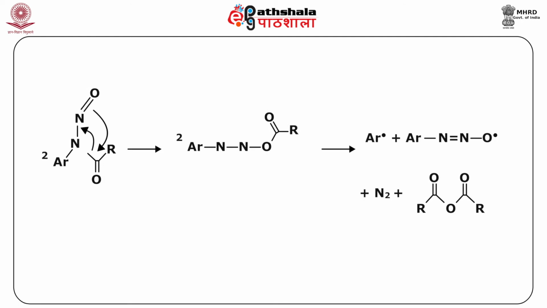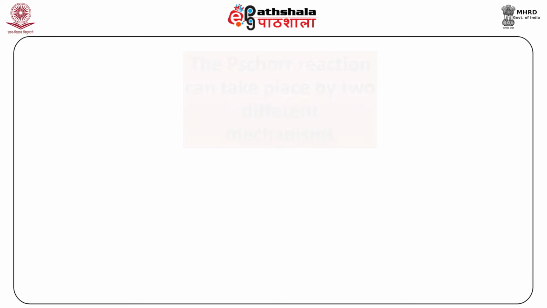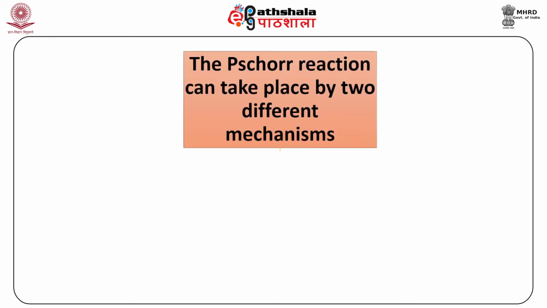N-nitrosoamides probably rearrange to N-acyloxy compound number 5, which cleaves to give aryl radicals. There is evidence that the reaction with alkyl nitrites also involves attack by the aryl radicals. The Pschorr reaction can take place by two different mechanisms depending upon the conditions.